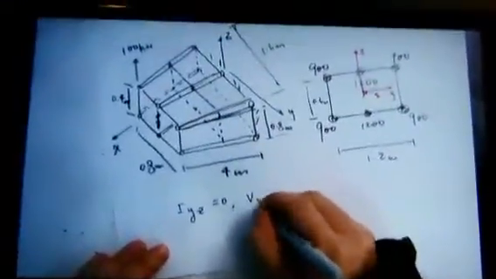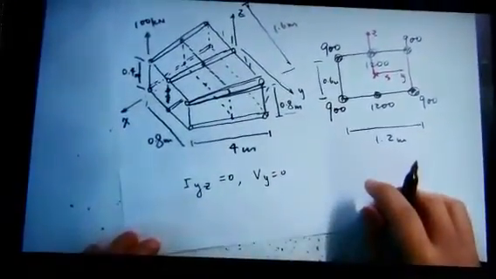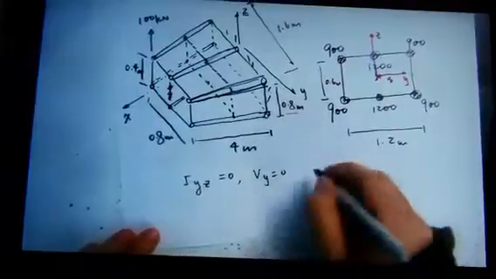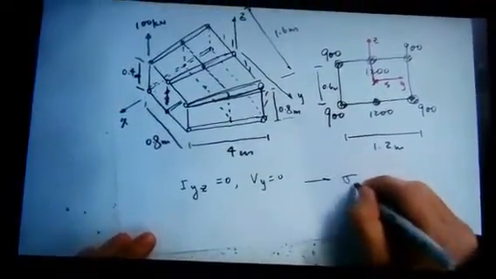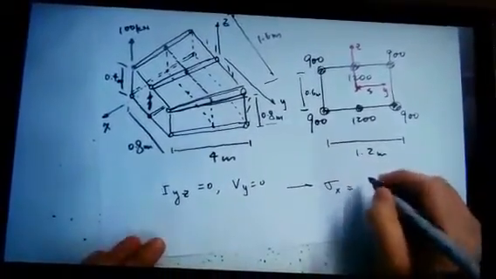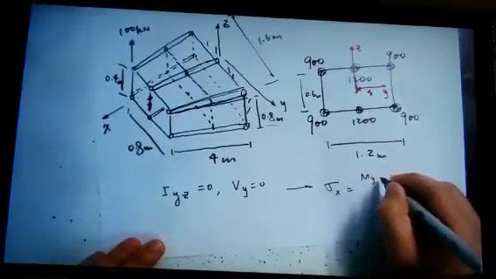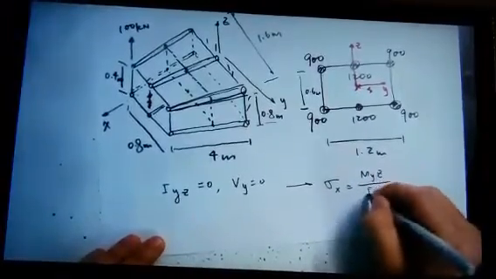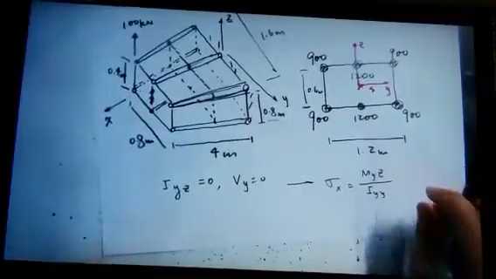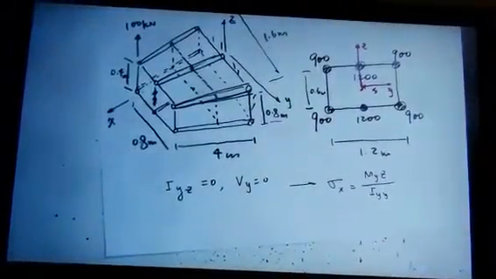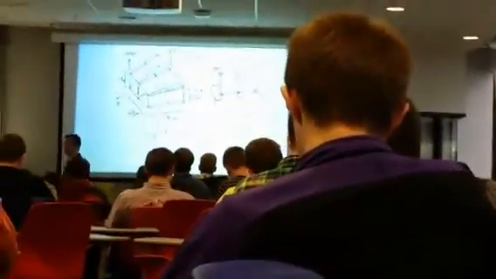And Vy is 0. The loading is only along the Z direction. So for direct stress, sigma x is reduced to My z / Iyy. This is the formula that we can use to calculate the direct stress acting on the boom area.